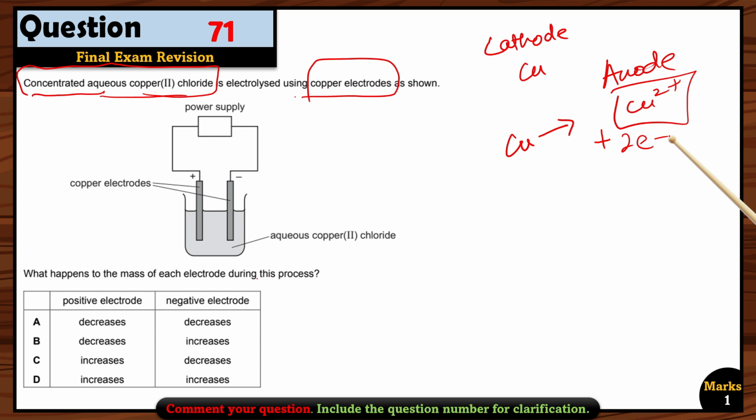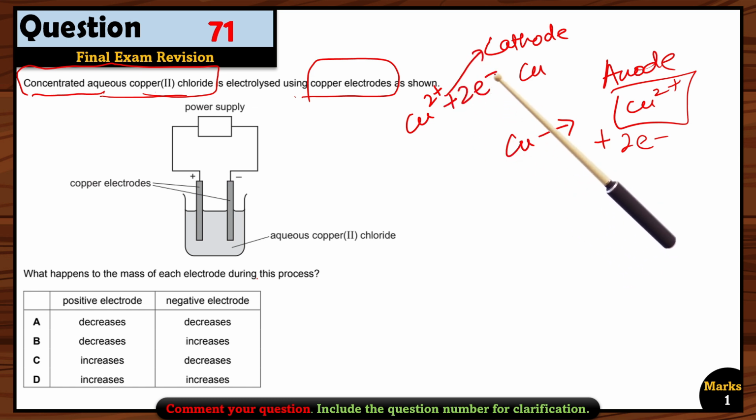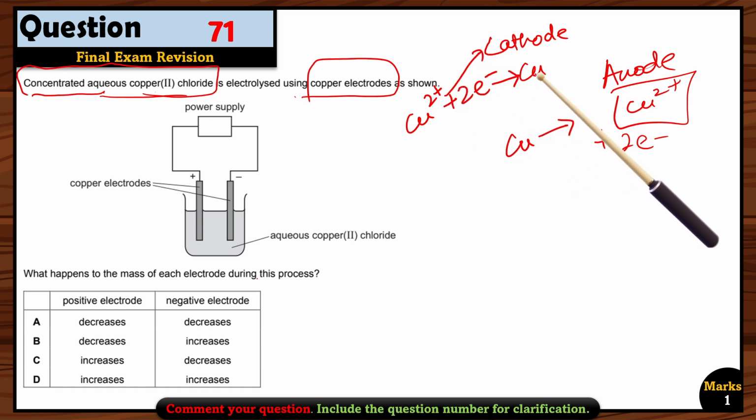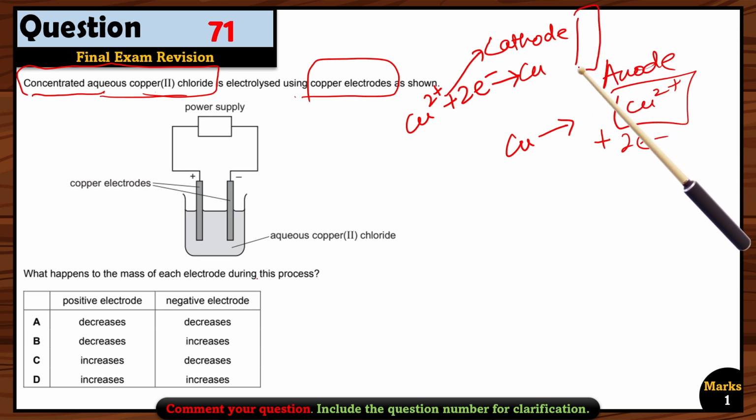Clear? And at the cathode, copper ions will move from the electrolyte solution towards the cathode, and they will gain the electrons and become copper metal. So the copper metal is going to deposit here. So the mass will increase.